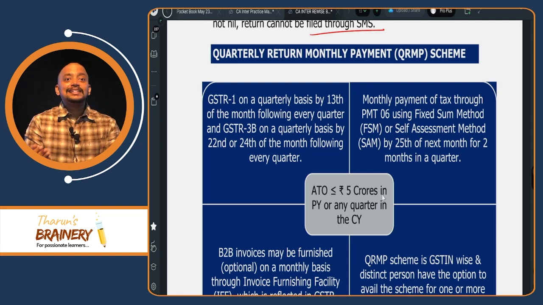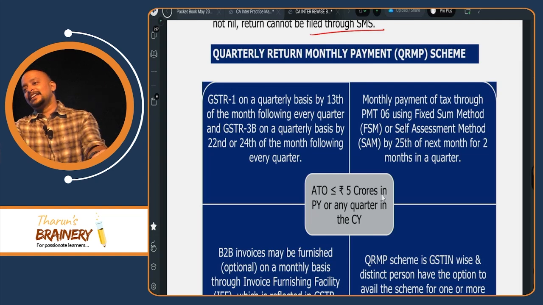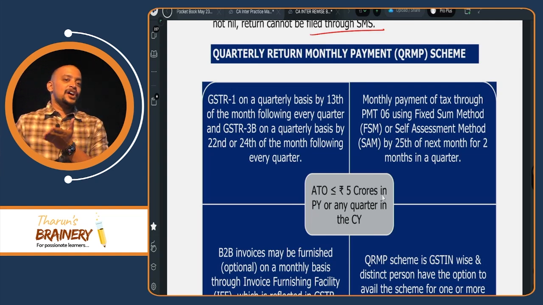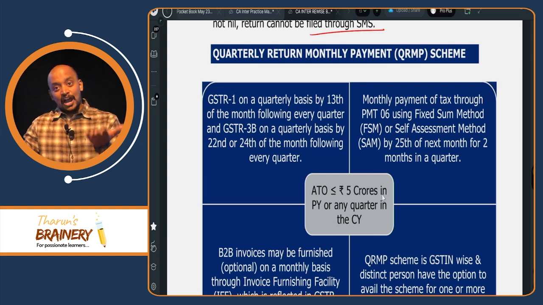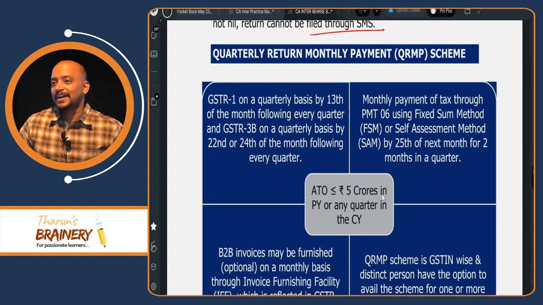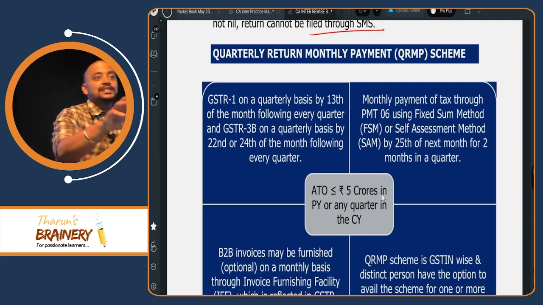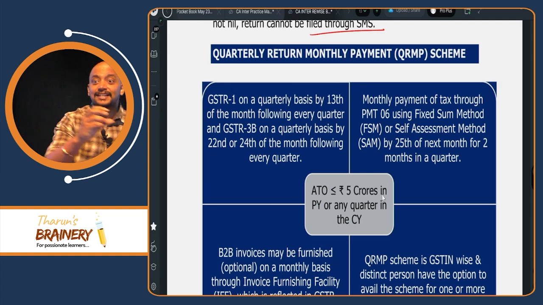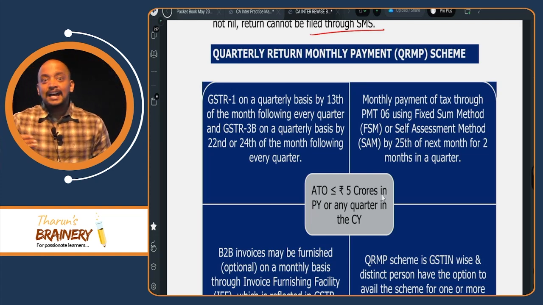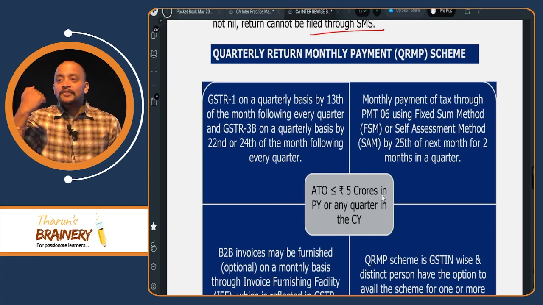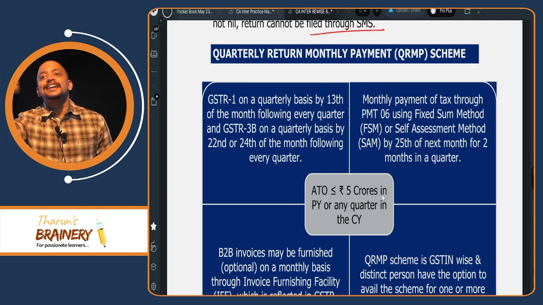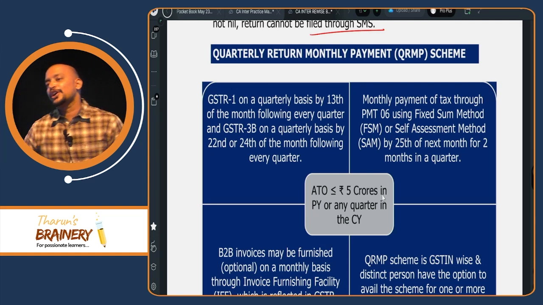Directly GSTR1 itself I would have filed, no? Why should I file the invoice furnishing facility? Then again on a quarterly basis I need to file GSTR1. Of course, the invoice furnishing facility is optional only, but I am under a compulsion when my recipient wants the ITC on a monthly basis. Understood or not?